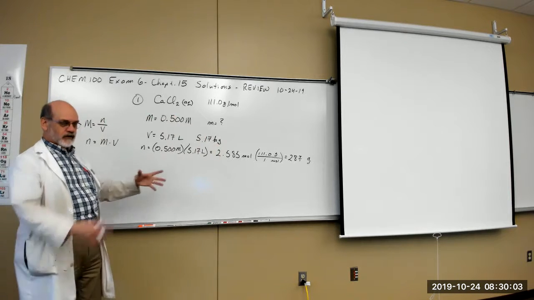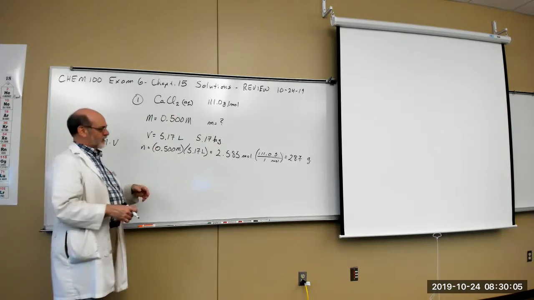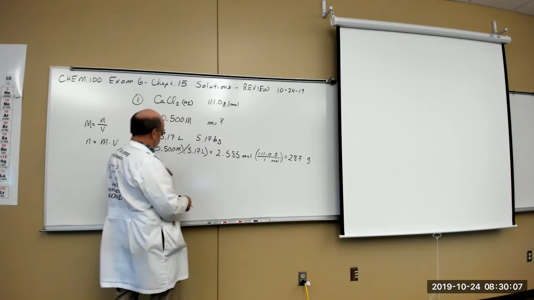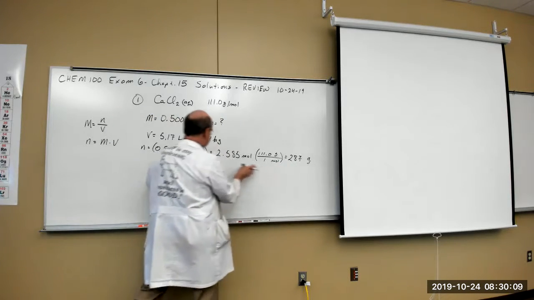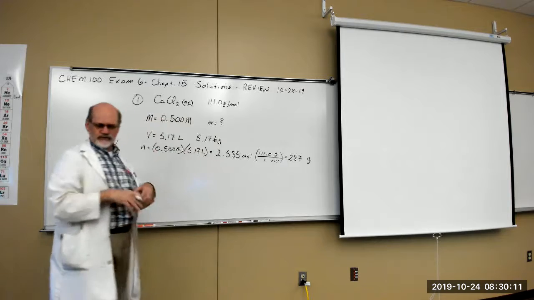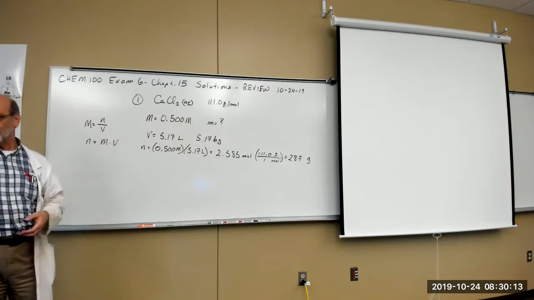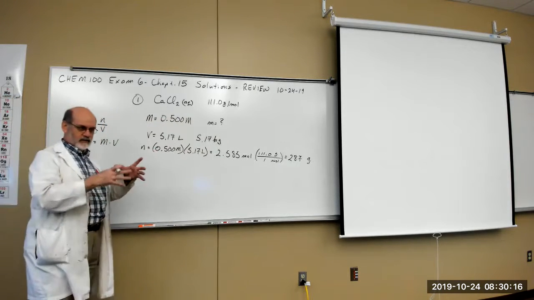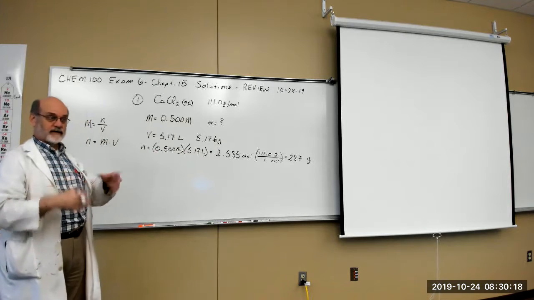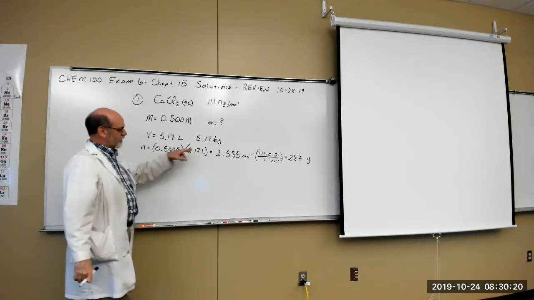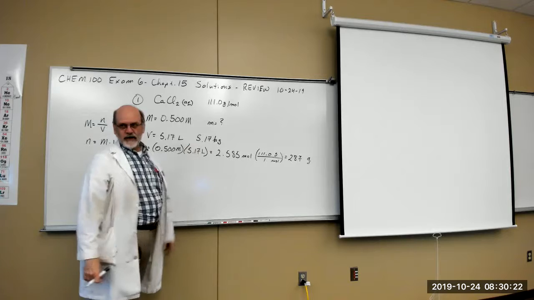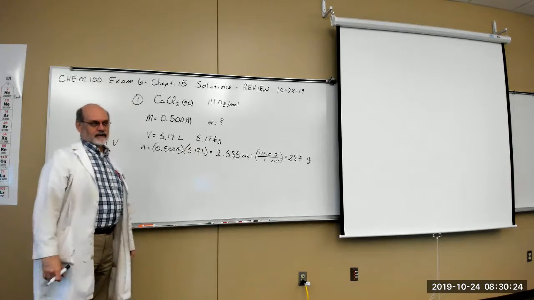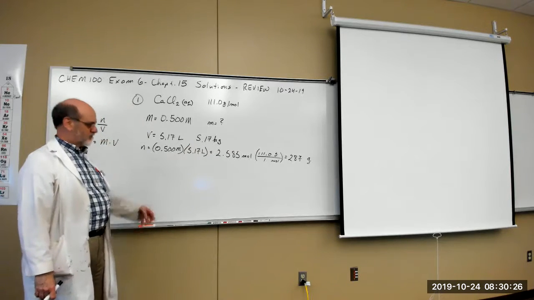So then you can set your beaker on a balance, and add this into a certain amount of water. After you tare your balance, you don't want to weigh the beaker, not the balance weight, the beaker weight. And then you can add water until you get to 5.17 kilograms. And there you go.